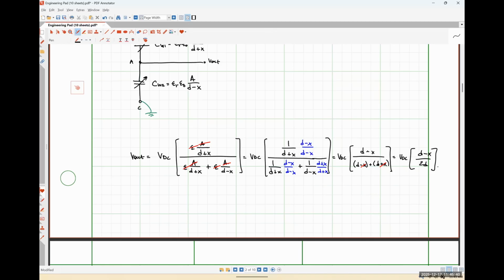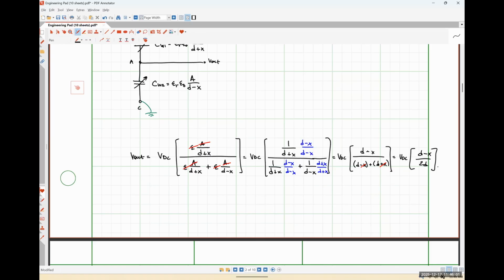So hopefully you all can see that a change in position of that plate will yield a specific voltage, right?